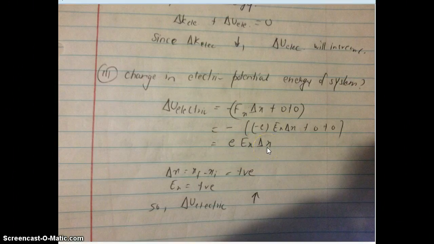And just making sure about our previous assumption, delta x equals x final minus x initial, which comes out to be positive, and Ex is positive. So this verifies our assumption that the change in the electric potential energy of the system is positive, so it increases. Thanks.